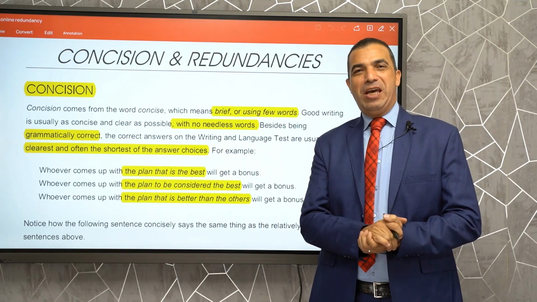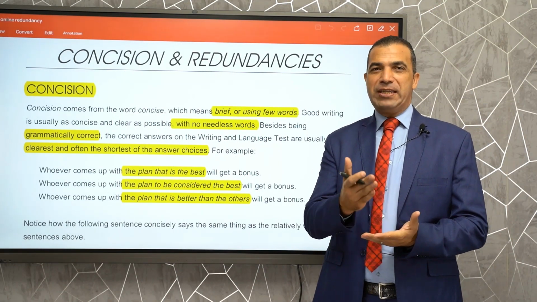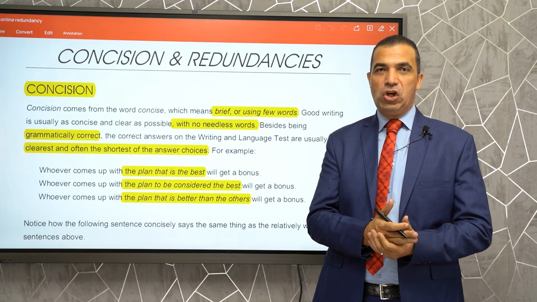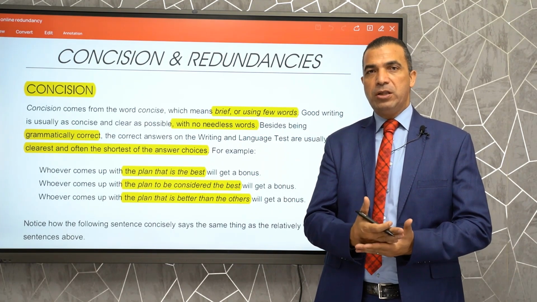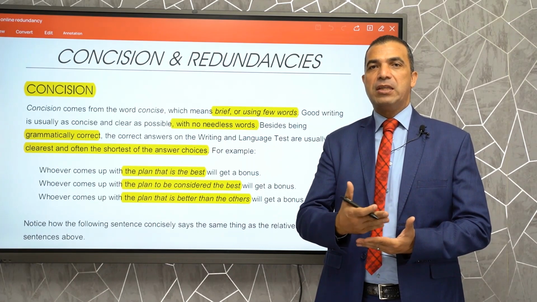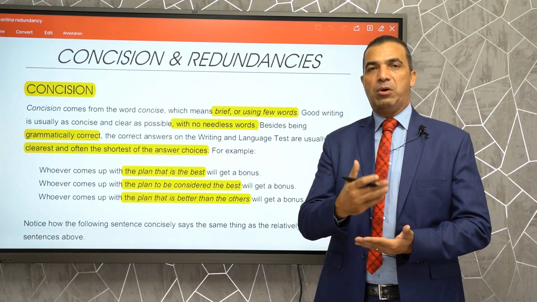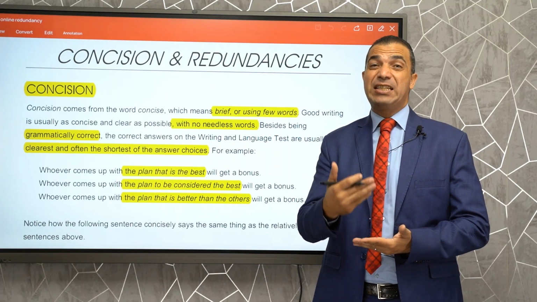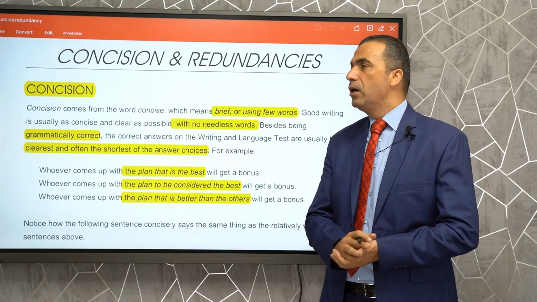Our lesson today is very simple and very easy, which is concision and redundancy. What do you mean by concision and redundancy? Let's see first and then move to our exam questions, which come so often on the SAT, ACT, and EST exams.